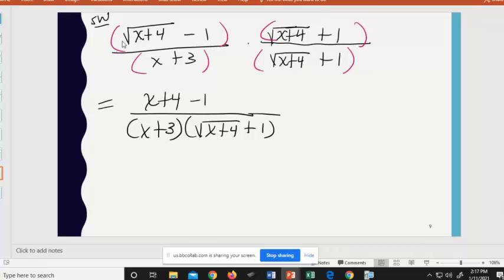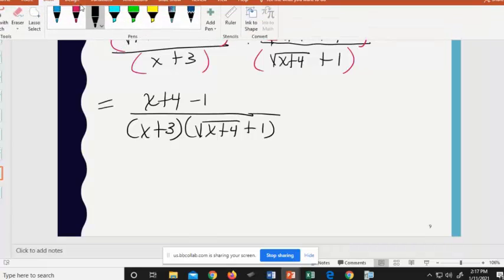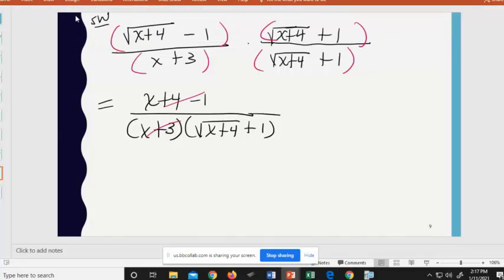And now I see this is x plus 3. X plus 4 minus 1 is x plus 3. The denominator has a factor of x plus 3. And so really, if this is okay, can I just do that now? Okay. And we get is equivalent to 1 over the square root of x plus 4 and then plus 1.